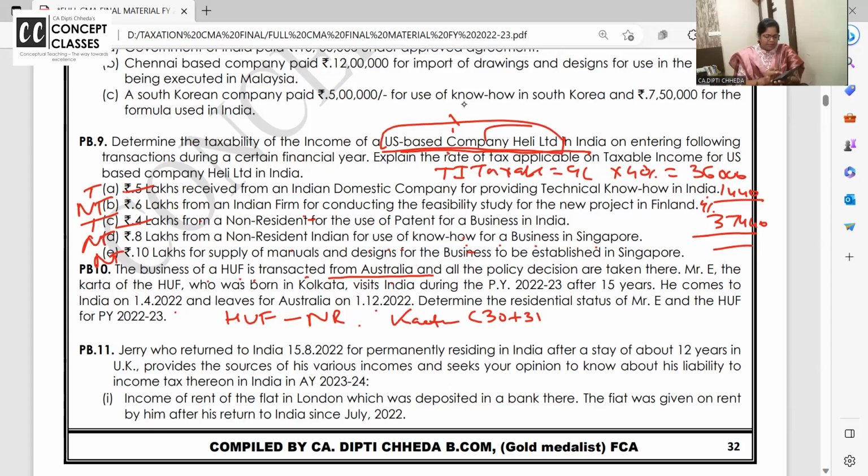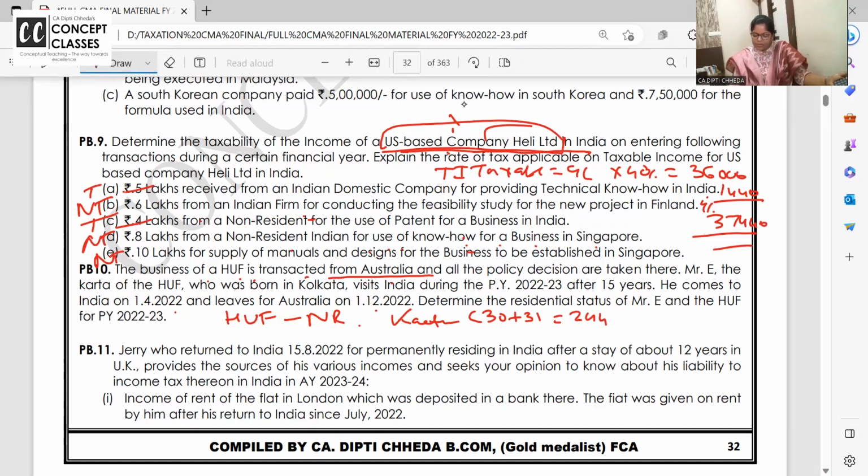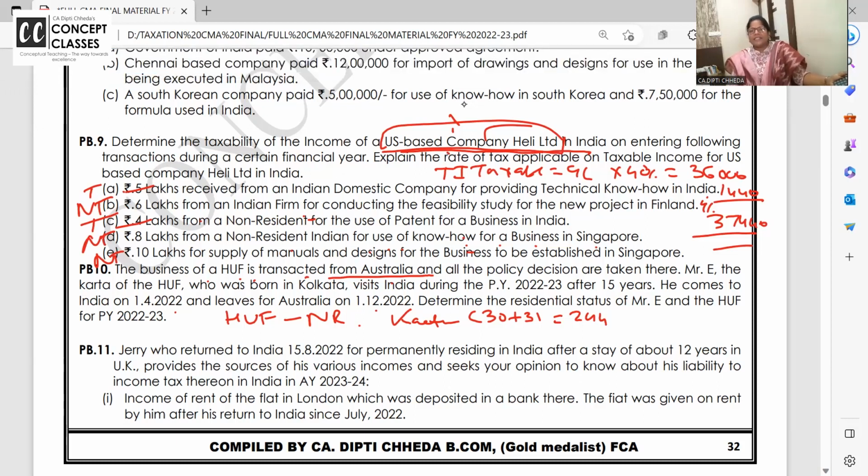April 30, May 31, June 30, July 31, August 31, September 30, October and November. 244 days. Who is in India 244 days? Mr. E. So he is satisfying the first basic condition: 182 days or more he is in India.